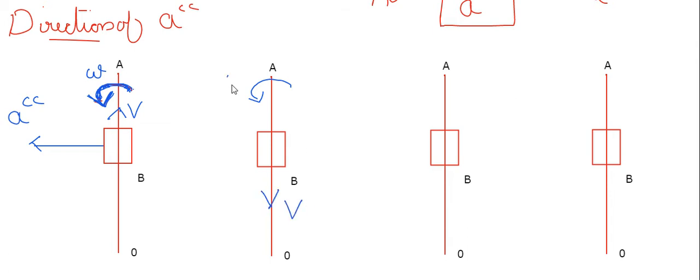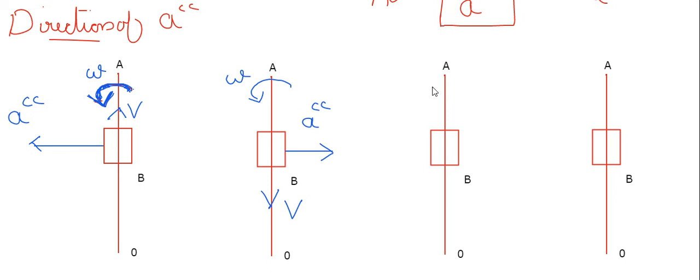That means omega is counterclockwise but velocity is downwards. Now in that case, the slider will cause an acceleration in the opposite direction. That is, the Coriolis component will be in the opposite direction. So in both cases the link is rotating in counterclockwise direction, but the slider is moving in opposite directions.